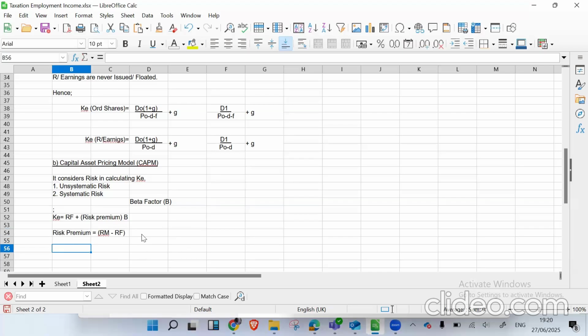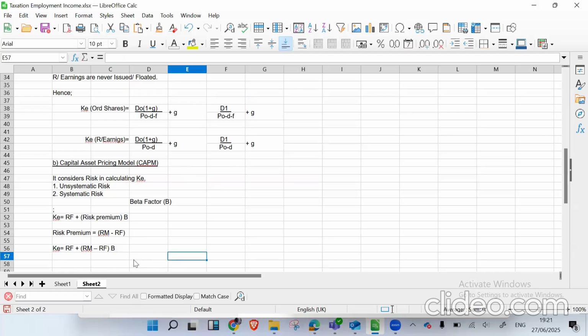So in simple terms, it means that I can get my KE by taking RF plus RM minus RF, then I multiply by the beta. So kama nimepewa risk premium, I can use this formula. Kama nimepewa RM na RF bila risk premium, because I know RM minus RF is the risk premium.